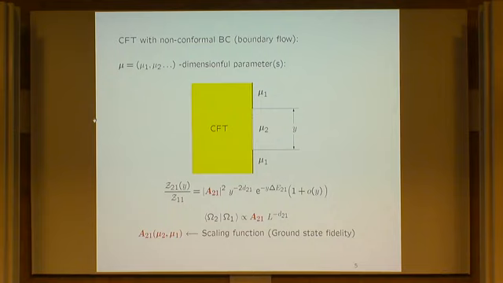So let's now repeat the same construction as for the conformal case. We consider the following system with a homogeneous boundary. Now mu1 and mu2 label different sets of parameters which describe the interaction of the boundary.